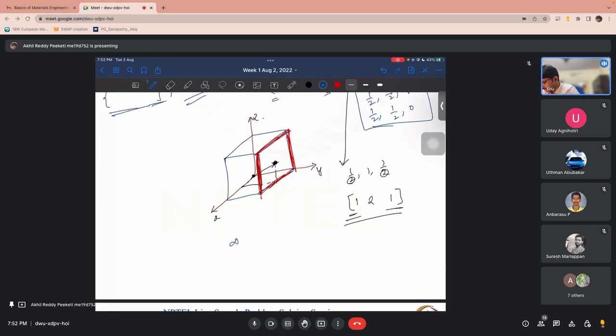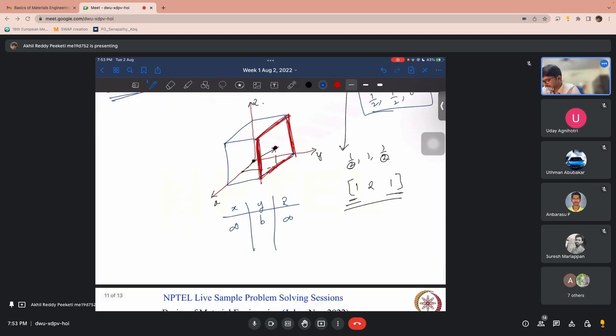So it's parallel to the x-axis, intersecting at b, and parallel to the z-axis. That means it will never intersect z. So if you are mentioning the Miller indices for that plane, and this being 1, take the reciprocal of the intercepts: 1 by infinity, 1 by 1 and 1 by infinity. So 0, 1, 0. This is how you will specify this plane.